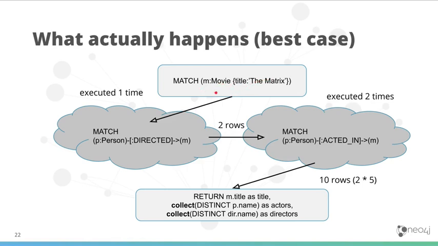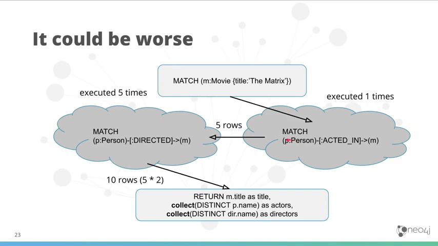So, in this case, we match to the Matrix, we match to the directors, and this executes once. This produces 2 rows. For each of those rows, we are matching from the Matrix to the actors. So we're doing this twice. The Matrix is the same on both of these rows. We're doing double the work that we need to. This produces 10 rows. This is 2 of the directors times 5 of the actors to produce 10 rows, but we do get the right answer in the end because we're collecting by distinct properties here.